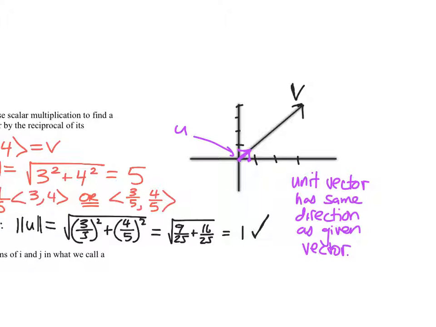But we're not just limited to doing that. I could write any vector along this pathway as a multiple of this unit, because this becomes the increment of measurement for that vector system.